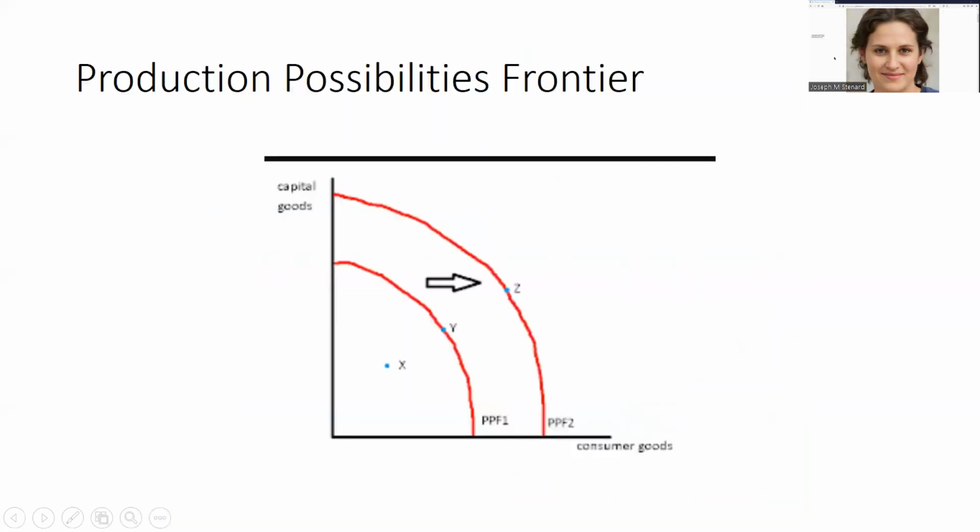Now, the other model that we talked about in the early part of the semester was the production possibilities frontier. I just want to remind you of the basics: every country has a trade-off of their production. Are they going to produce more capital goods to try to make our production be greater for next year?